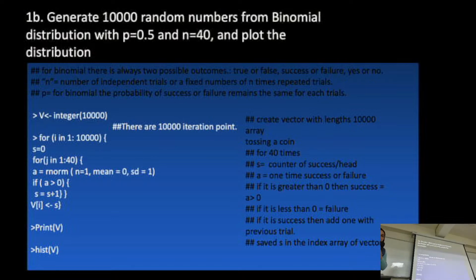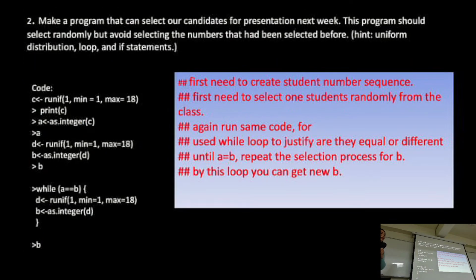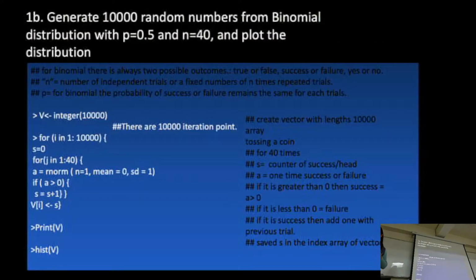So there is 1 to 40, and for that coin, I chose that my result will be the head. So I give the logic that S is like a counter. S will count how many tosses there will be or how many heads there will be. So for the first, it's like a positive value or negative value, and I give a logic that if it will be head, then the value will be greater than a.